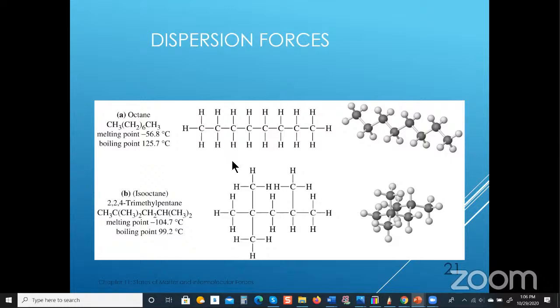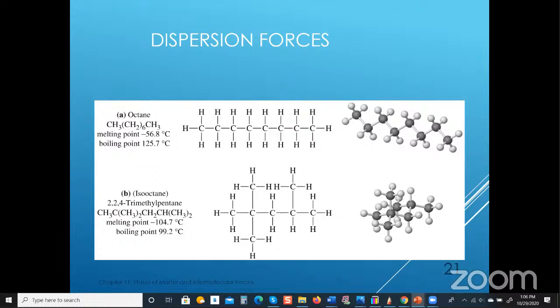And we can explain that to some extent using the dispersion forces or London forces idea. Because the chain is longer, the molecule will be more polarizable.